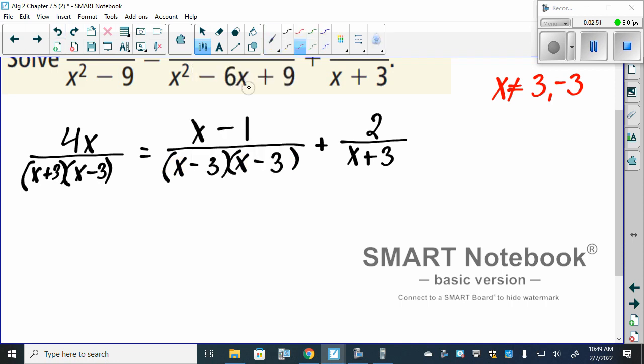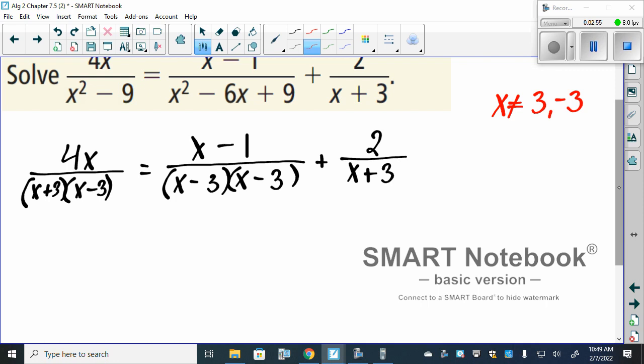Okay. Now that we do have the restrictions, we can go on and start solving by multiplying each one of these expressions by a certain set of terms so that the denominators would simplify out. So what would we need to multiply everything by?